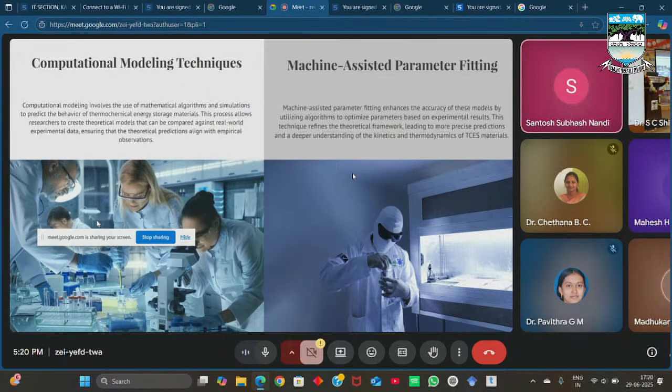Similarly, now in South America, there are a lot of people who are working on computational modeling along with the machine assisted parameters. These two will enable accurate simulation of the complex thermal, kinetic and structural behavior, providing more insight about the material performance under realistic conditions.